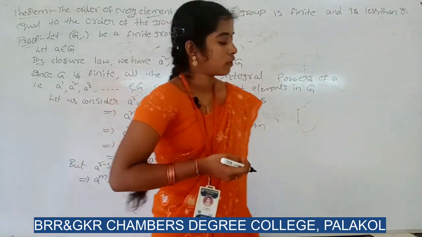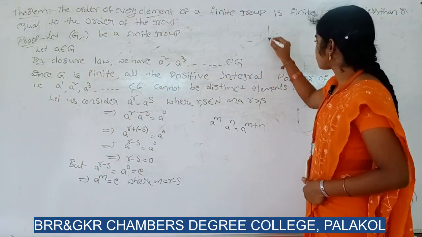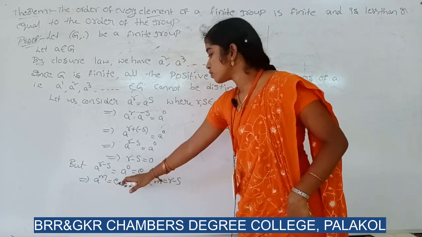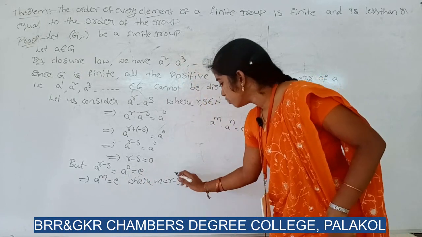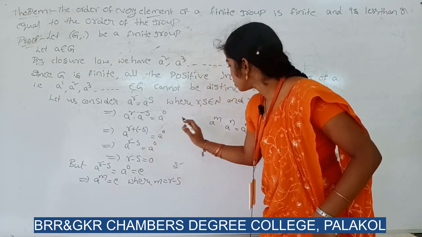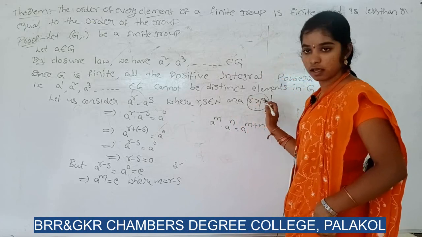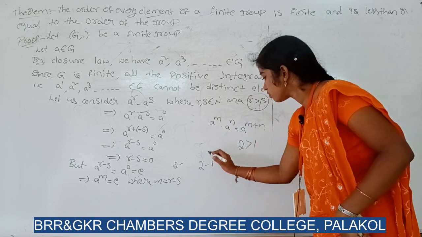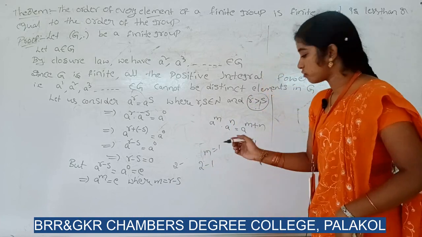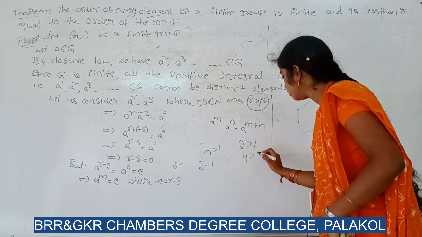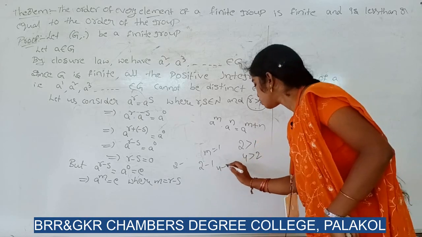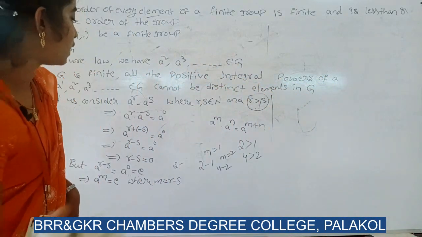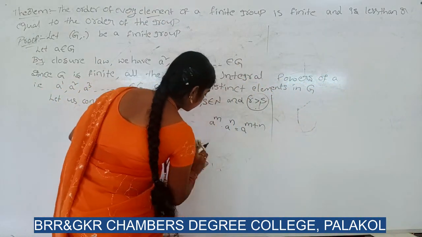The condition is r greater than s. For example, 2 greater than 1, so 2 minus 1, m value is 1. For example, 4 greater than 2, so 4 minus 2, m value is 2. M is a positive integer.